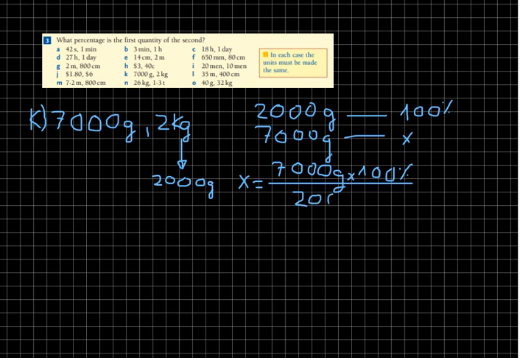Alright, here we can do a lot of interesting things. We can cancel the grams, and we can cancel 3 zeros from above and 3 zeros from under. And then I will have, by the way, I can say that half of 100 is 50, and half of 2 is 1. So this is going to be equal to 7 times 50, which is 350.